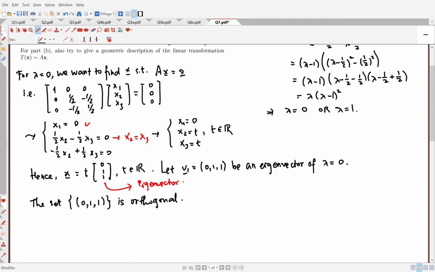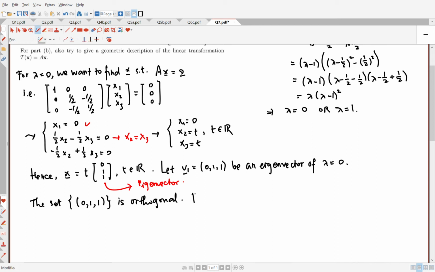So the orthonormal basis for this eigenspace is, okay, maybe I do need to write this.